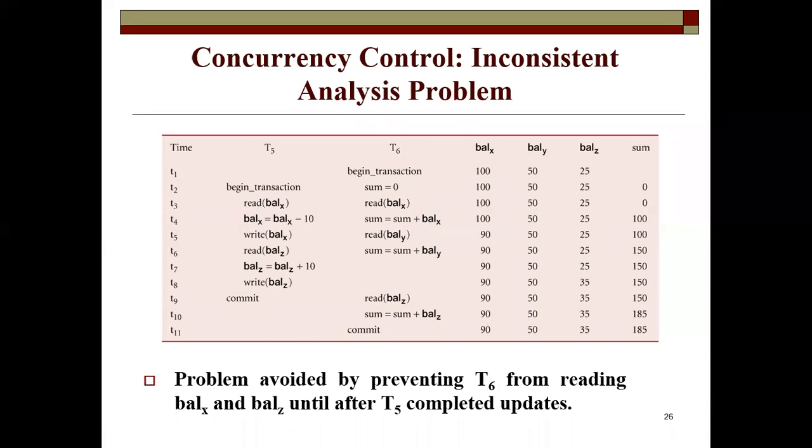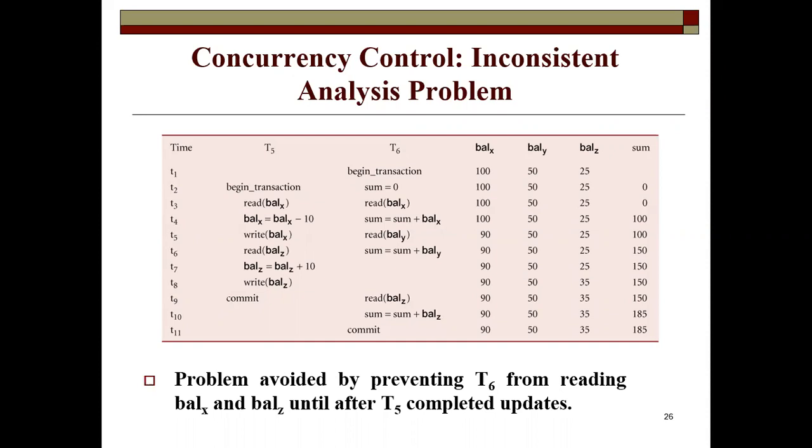I know that you're following that. At that same time T6, T5 was reading the balance of Z. Now, at time T7, balance Z, we are saying we are adding there 10. And in transaction 6, we are doing nothing. So when we come to the balances, balance X is 90, Y is 50, and balance Z is 25.